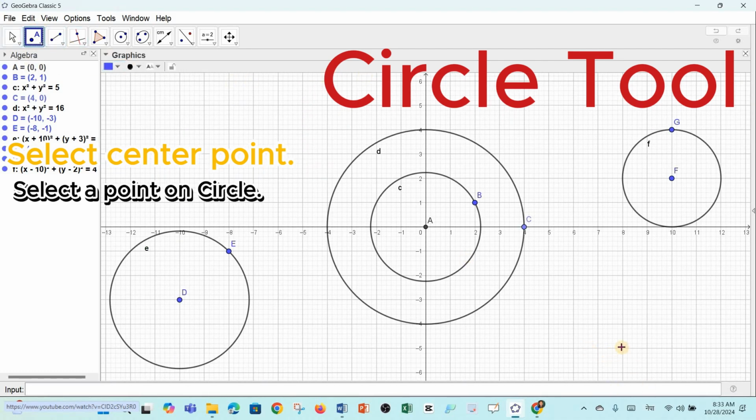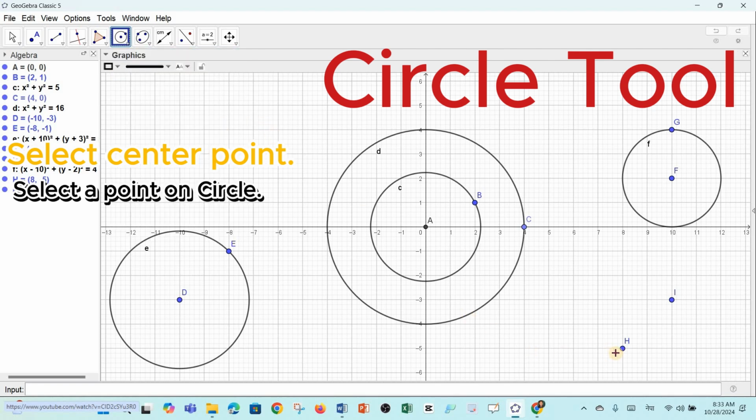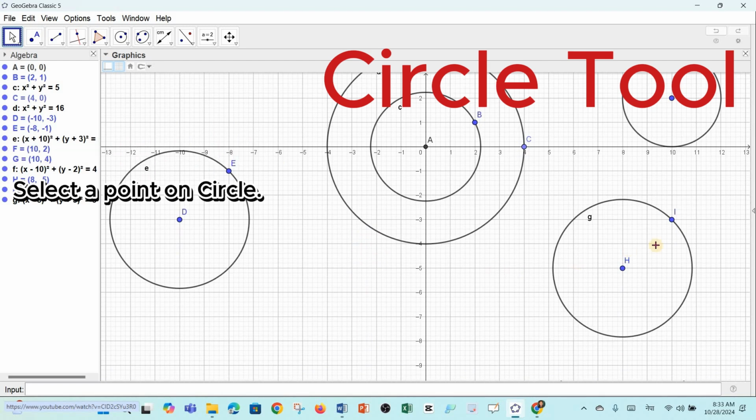Let's select another point already. This H is for the center and I is for a point on the circumference. Then let's select the first tool, circle with center through point. I am going to select H as center and it passes through the point I. Yes, like this also we can draw a circle passing through a point with the center given.